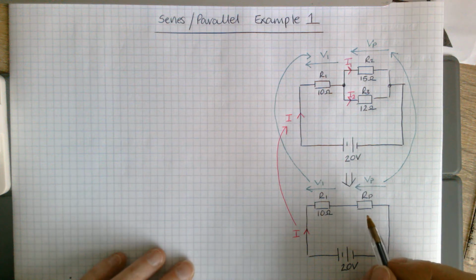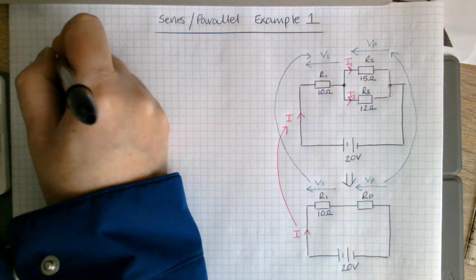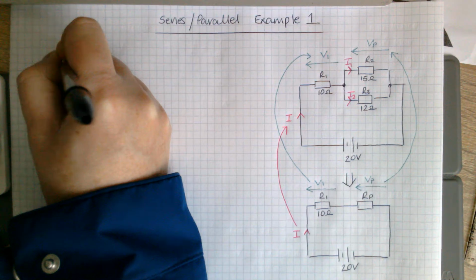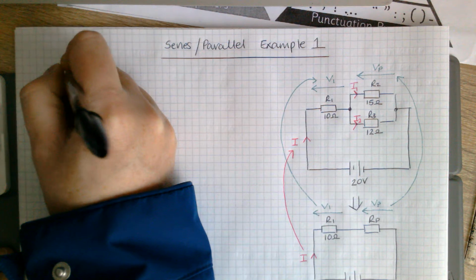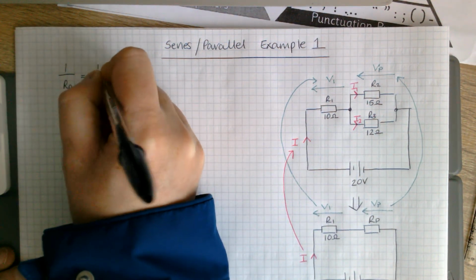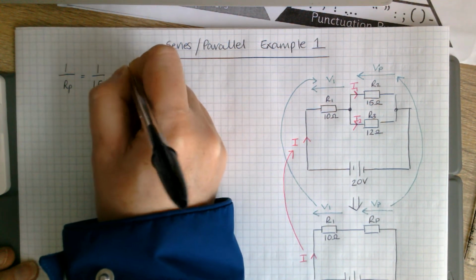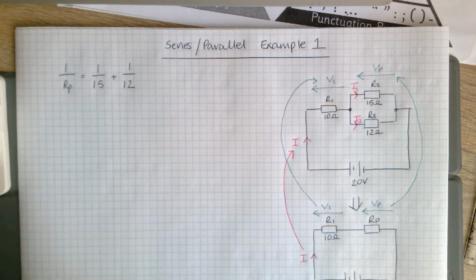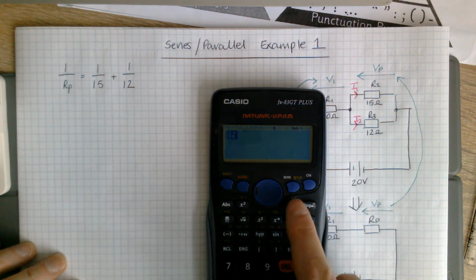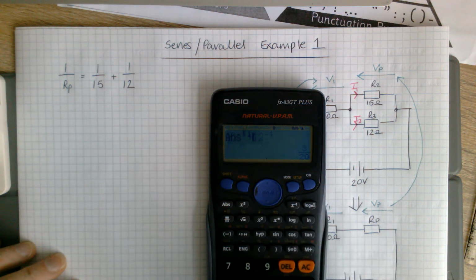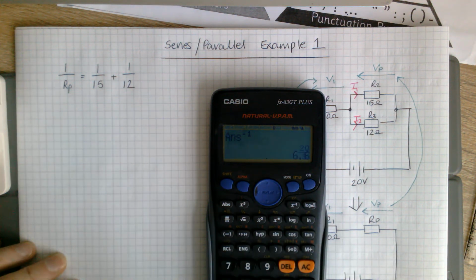So to start off, we have one unknown in there, RP. RP is the parallel resistance for the 15 and the 12. So the way you'd work it out, 1 over RP is 1 over 15 plus 1 over 12. So on your calculator, you do 15, 1 over, plus 12, 1 over, equals, 1 over that answer, equals, and then go into a decimal.